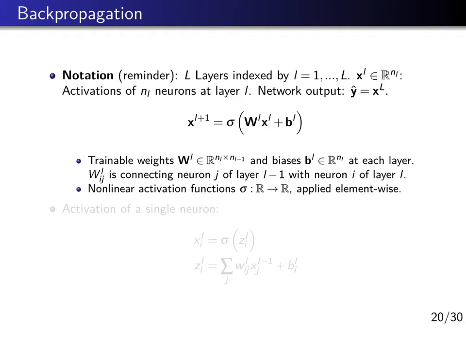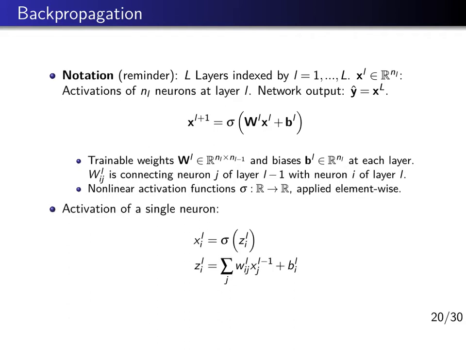Then we apply this x^l vector to the weight matrix W^l in order to compute the weighted sums. And we add the bias vector b^l. We push this whole thing through the nonlinear activation functions of the neurons, and that gives us the output of this layer or the input to the next layer. So trainable here are the weight matrix W^l and the bias vector b^l.